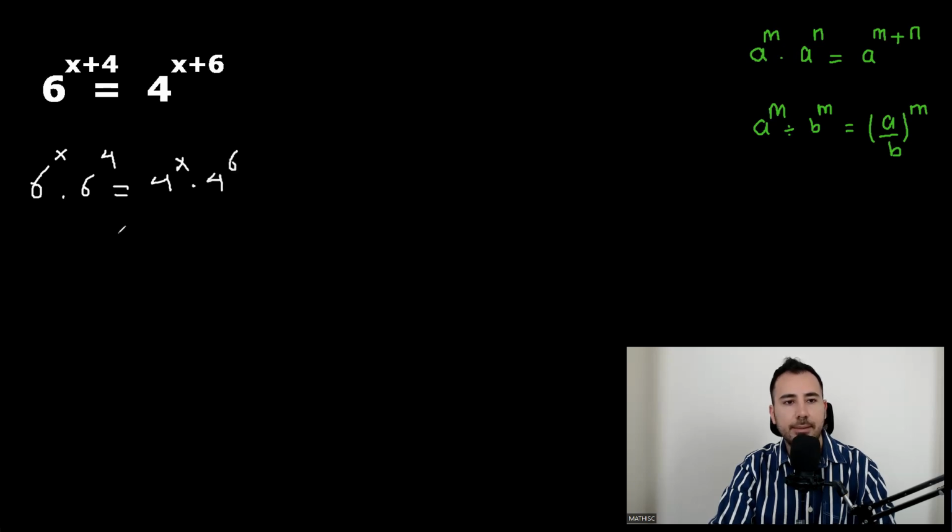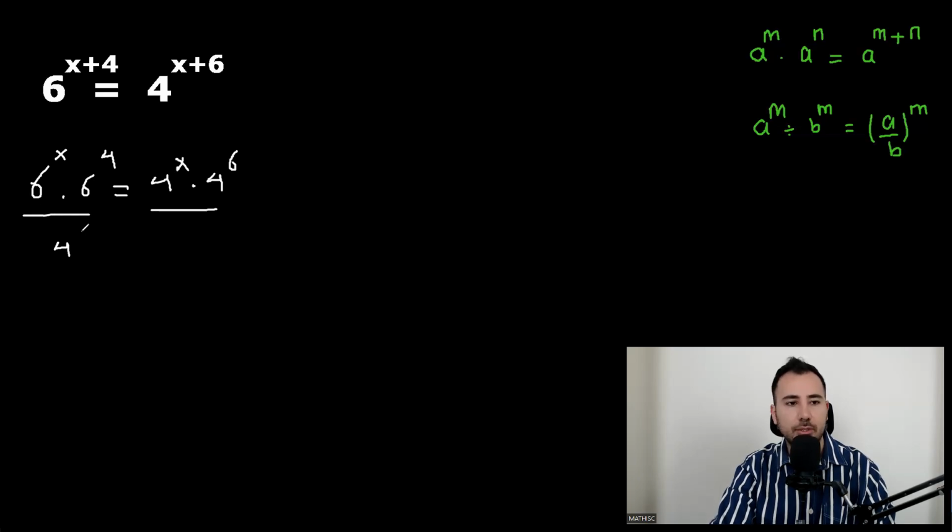Okay. Now I want the terms with x to be on one side, the terms without x to be on the other. So to do that, I can divide both sides by 4 to power of x, right? I can do that. So if I do this, this side will be simplified.